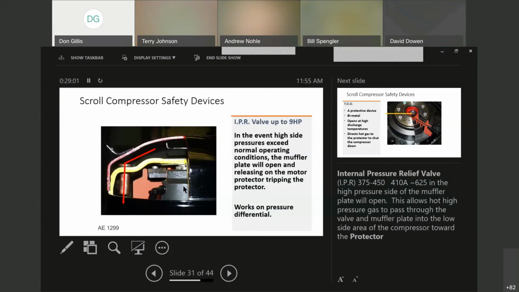So the internal pressure relief valve or IPR on a normal refrigerant would be somewhere between 375 PSI to 450. On R410A, it's somewhere around 625. The high pressure side of the muffler plate will open. Again, it will allow the gas to come down on our protecting device, okay?